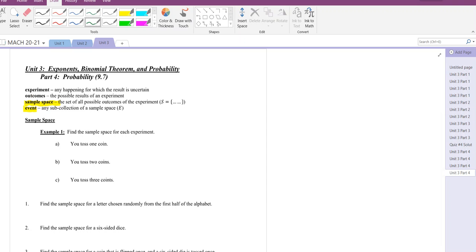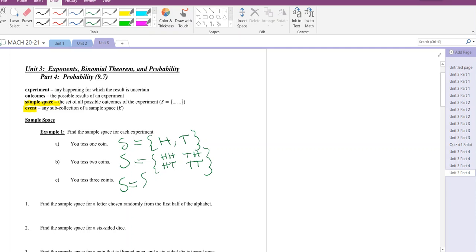So first of all, we're going to list some sample spaces. The sample space if you toss one coin would be heads or tails. If you toss two coins, the sample space would be heads, heads; heads, tails; tails, heads; tails, tails.